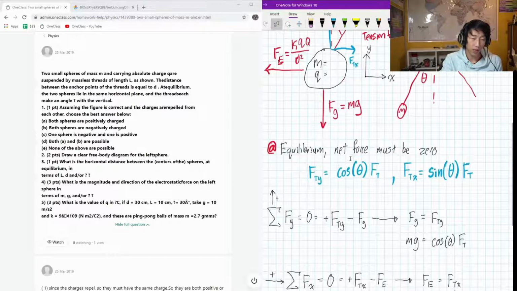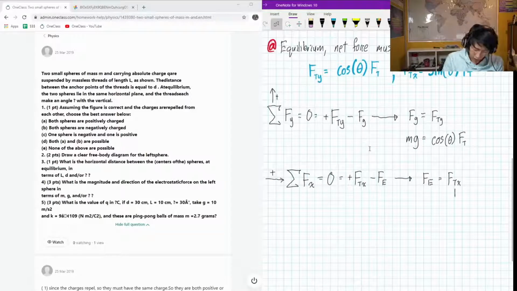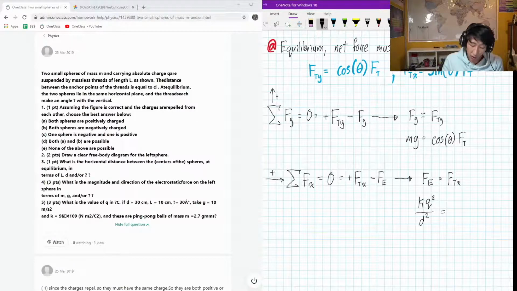So we can write kQ squared over d squared, and we want to equate that to the tension force x component, and we know that's just sine theta times the tension force.